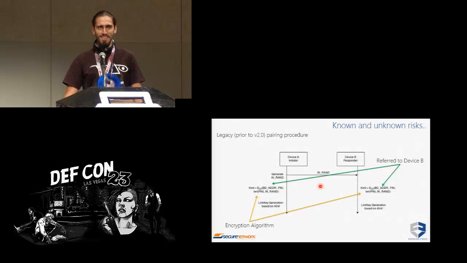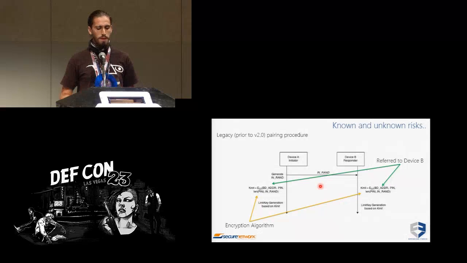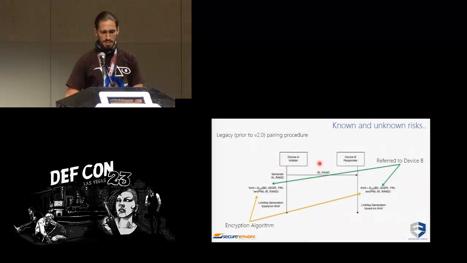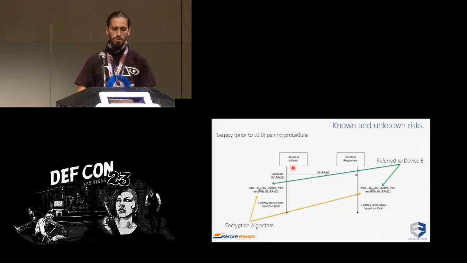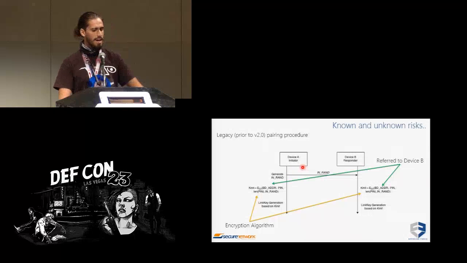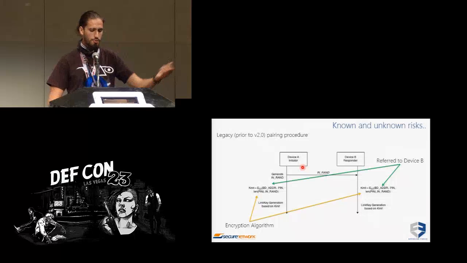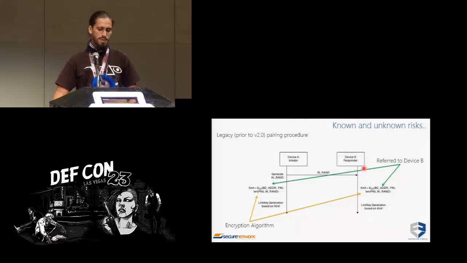Okay, this is how the legacy pairing procedure worked before version 2.0. So there were two devices, device A as initiator and device B as a responder. The initiator is saying something like, hey, I want to connect to you. This is my random number I created right now. And device B said, okay, thank you for giving me.